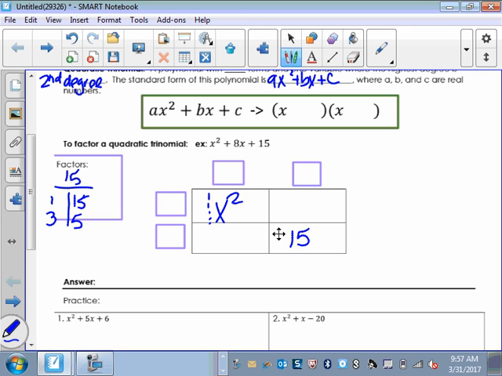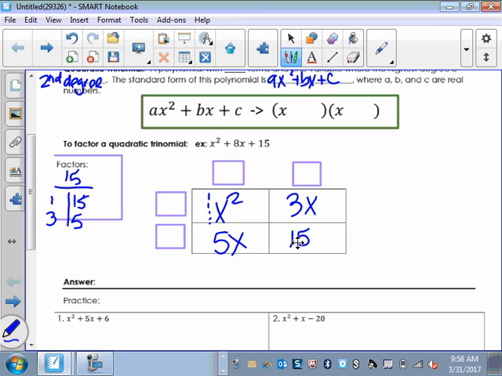So I have to try the next combination of 3x and 5x. You can put any of them in any of the boxes, it doesn't really matter. And then just to check, 5x plus 3x gives you 8x, which is exactly what we want in order to split up 8x. Also, 3 and 5 are still factors of 15, so we're good to go.